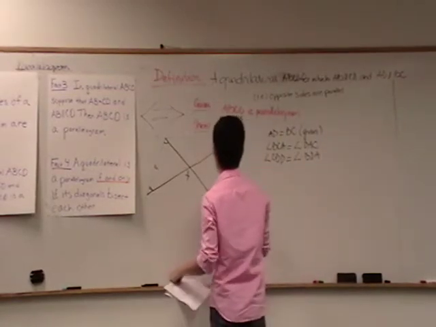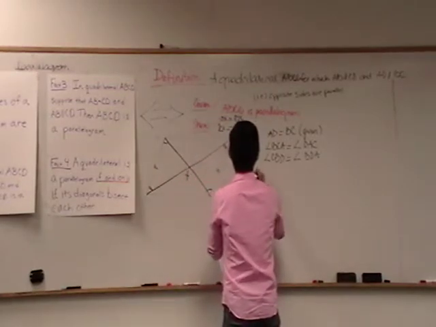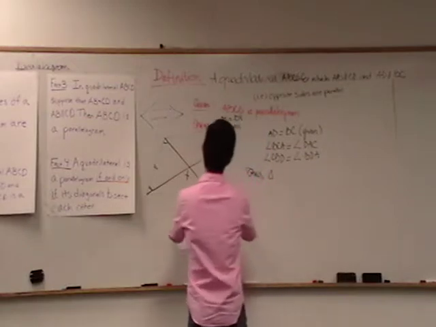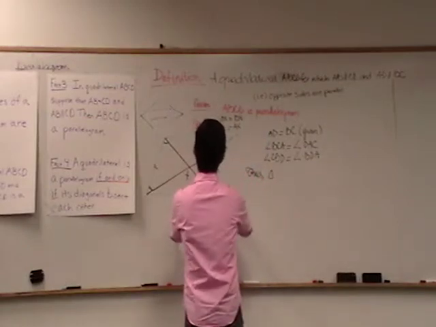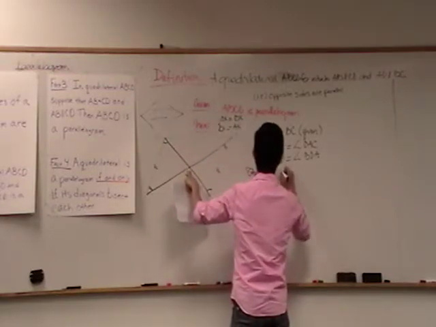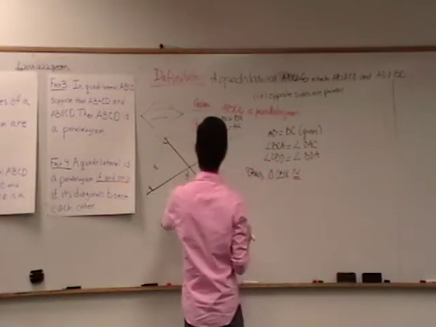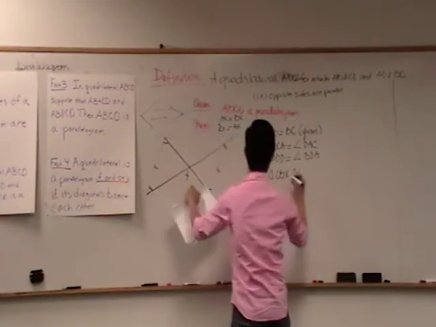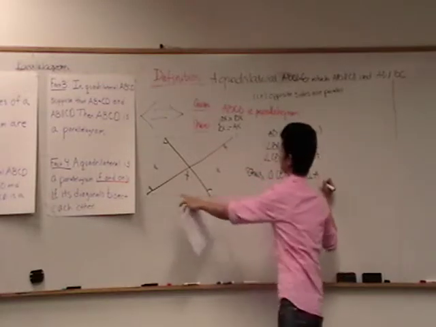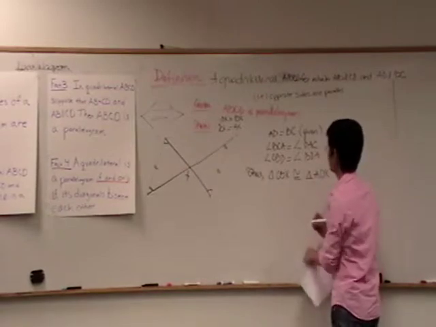So we have the triangle CBX congruent to the triangle ADX.